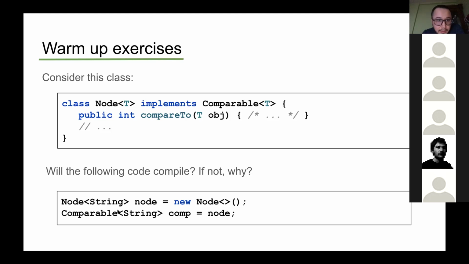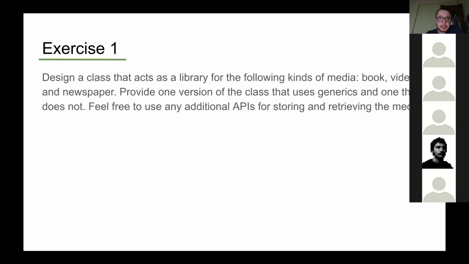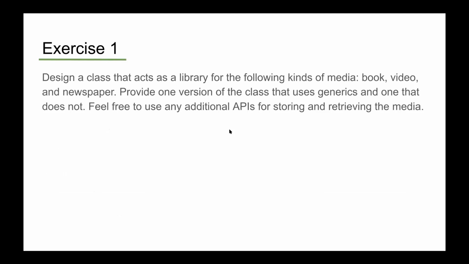Okay, guys, I think it's enough for warm-up exercises, and I hope that you're ready for problems. This is our exercise one. Here, you have to design a class that acts as a collection for the following kinds of media: book, video, and newspaper.